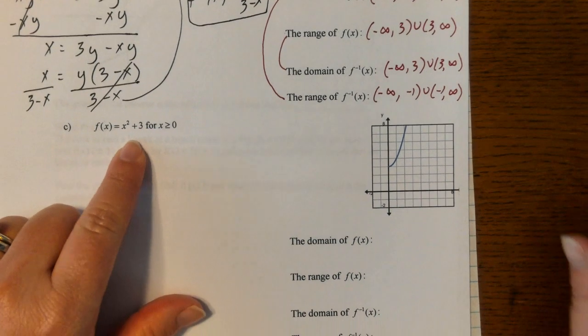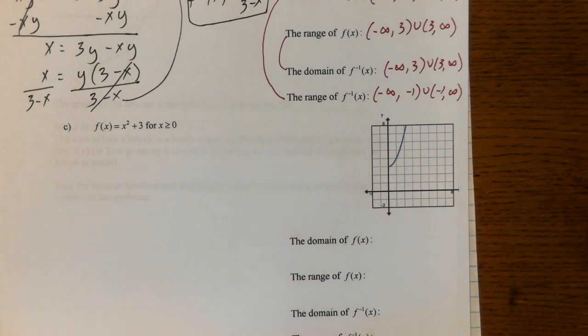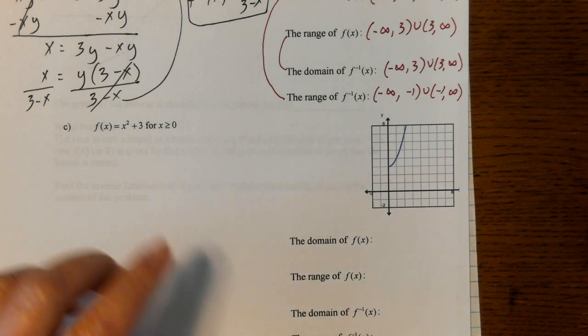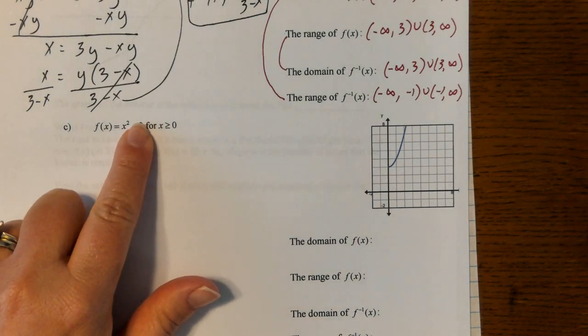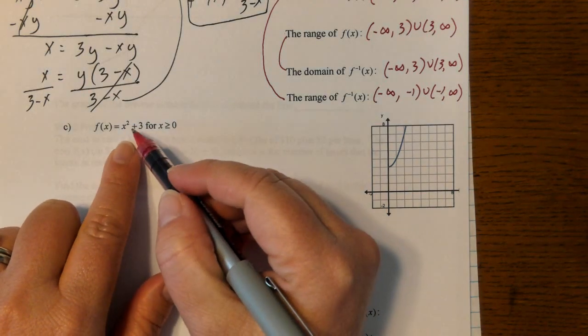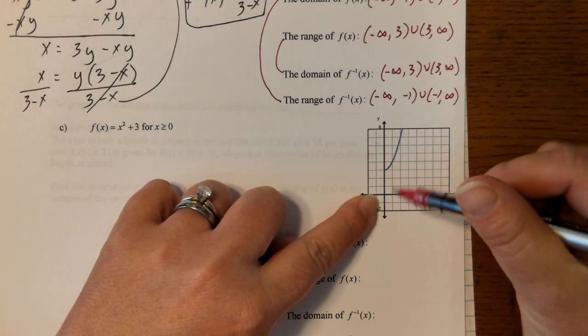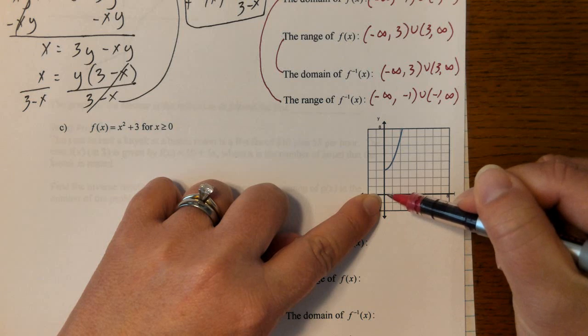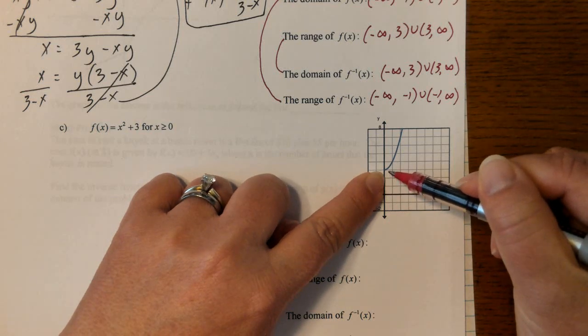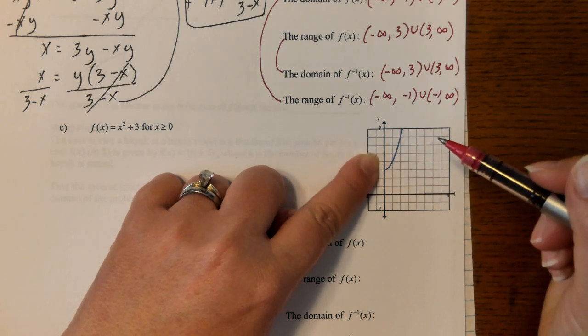Another example here. Part C, our function f of x. They've even given it to us as the graph over here. Notice it's got an x squared, so this is a parabola. And we know that with quadratics, if you have an x squared, the plus 3 will shift it up 3. So it's the parabola whose vertex would be at 0, 0 got shifted up to 0, 3. Now notice it's missing the left-hand side.